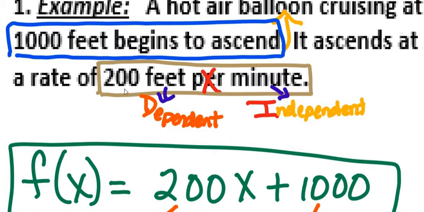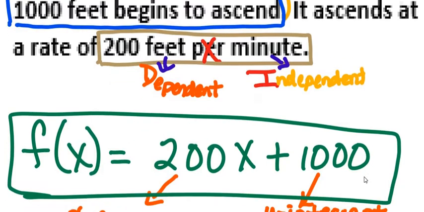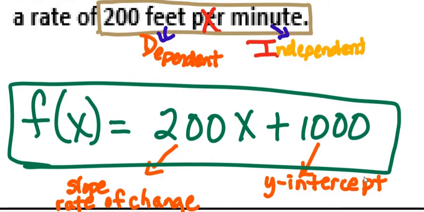Now I see that the 200 is my slope, and we started at 1,000. This is your y-intercept. So 200 is called your slope or the rate of change. These two terms are interchangeable. And the 1,000 is where we started from. This is the y-intercept.